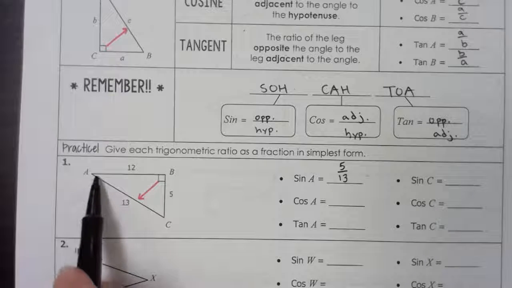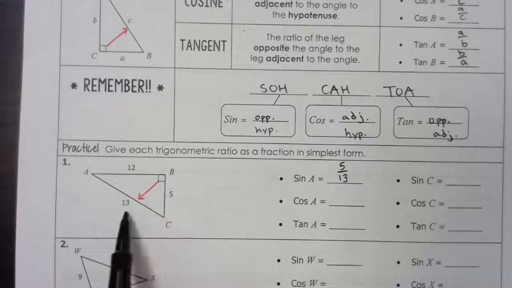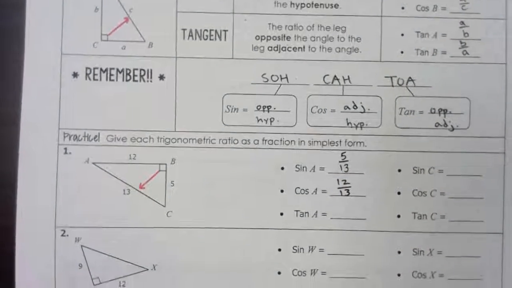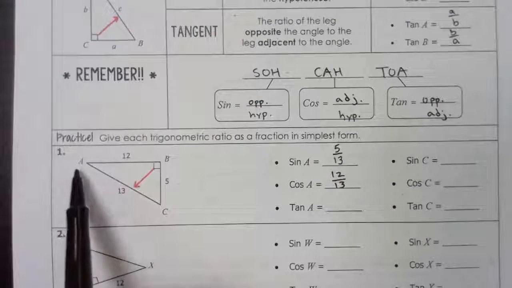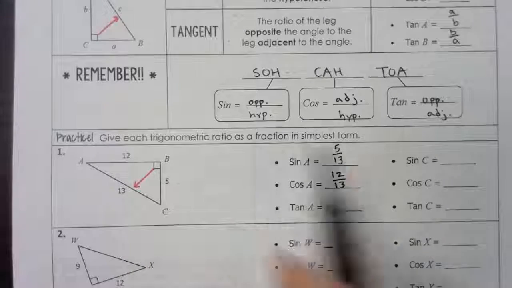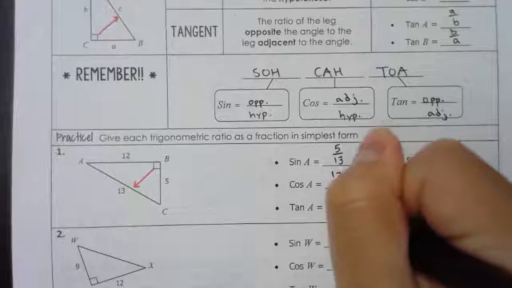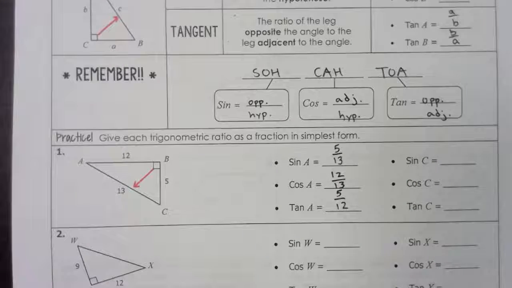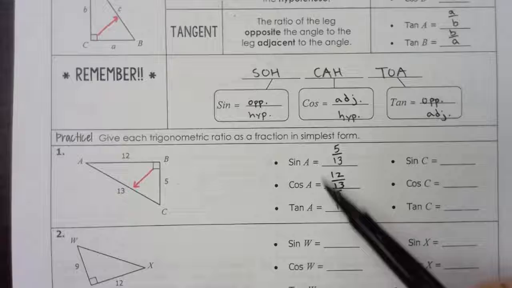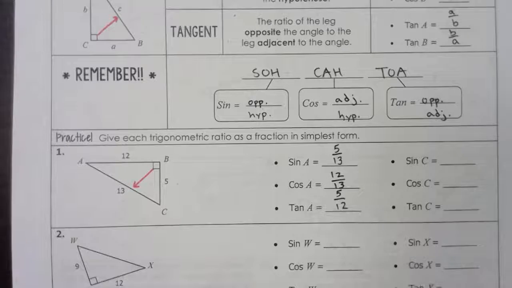So again, not the hypotenuse, that's going to be side 12, so 12 over 13. Tangent of A, opposite over adjacent, opposite is 5, adjacent is 12, so this is 5 over 12. So notice that the tangent does not use the hypotenuse, right?